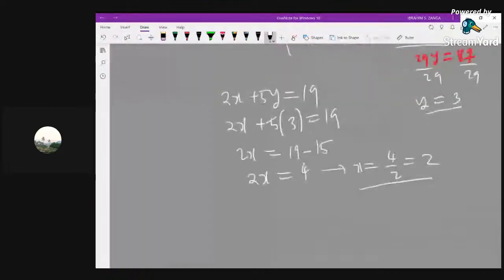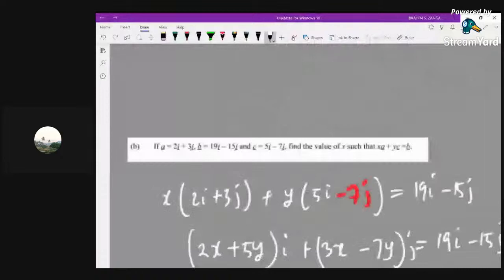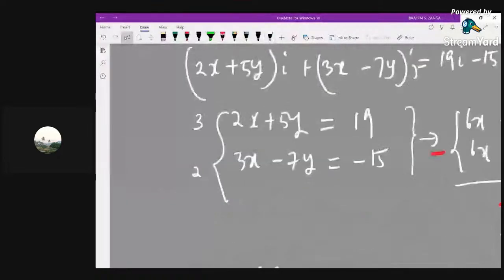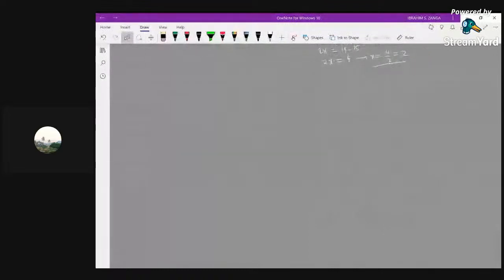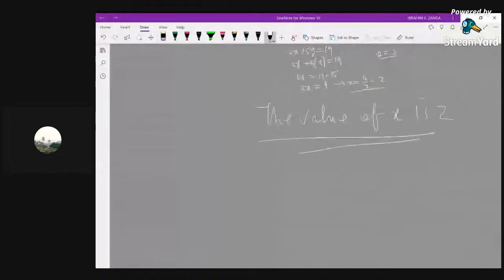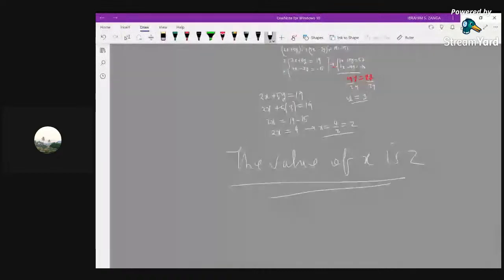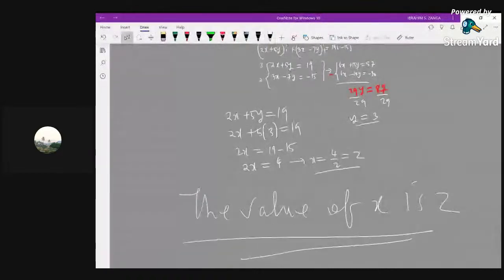Actually, the question is asking us about the value of x. So we can conclude that the value of x is 2. That is all. The value of x is 2. So that is question number 4.